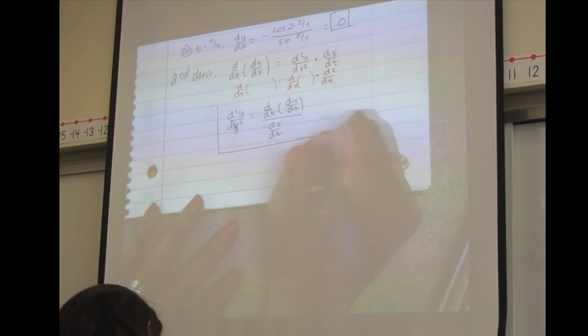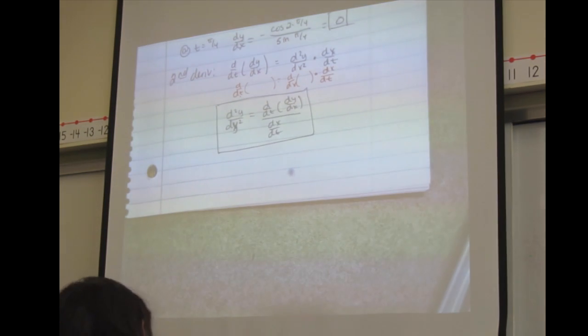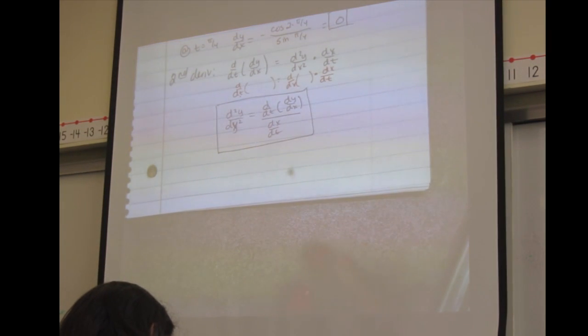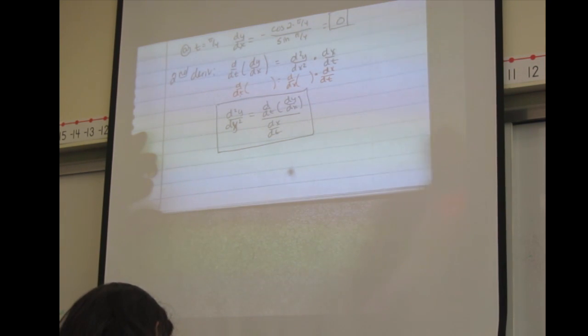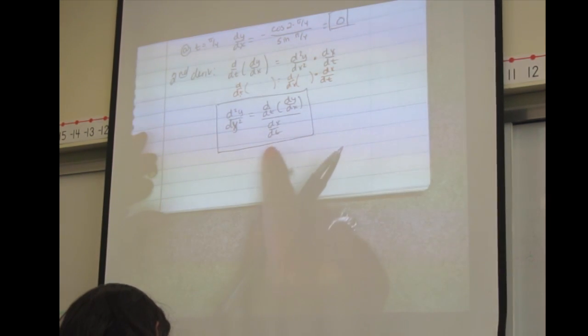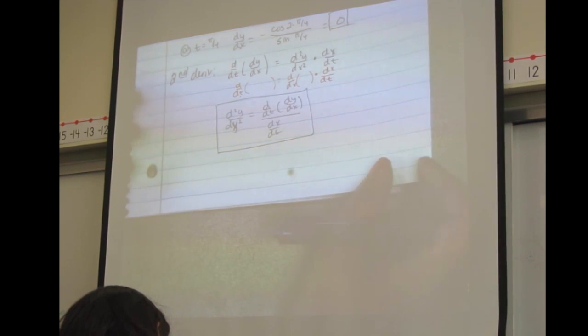This is our second derivative. Okay? Is it just d dt of dy dx, or the whole thing? d dt of dy dx divided by dx dt. So that's how we get it.